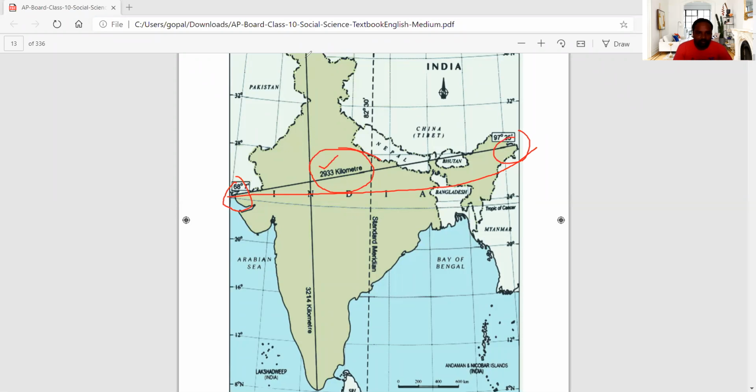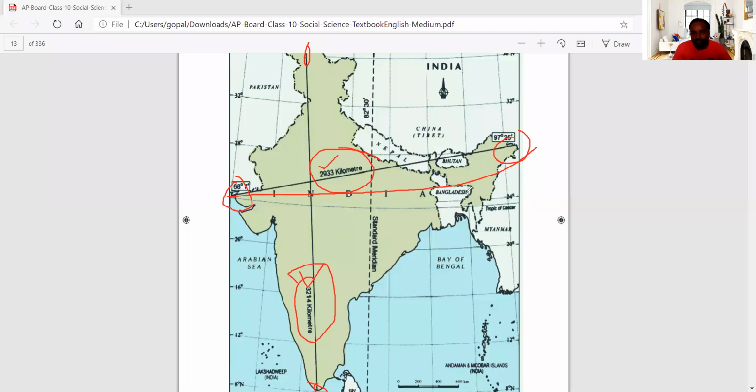And from north to south, from this point to the upper side, the total distance is about 3214 kilometers. So 3400 kilometers.